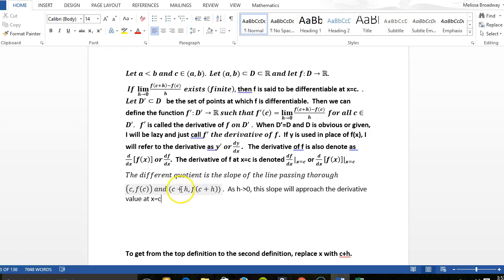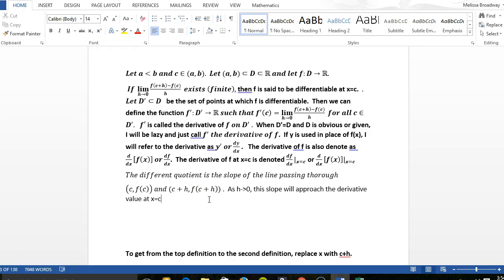But if h is closing in on 0, then this whole Cartesian coordinate here is closing in on c, f of c. This is fixed. This is the point we're interested in right here. And as this point zones in on this point, the slope, this fraction by itself, we're throwing it in this limit, and it's zoning in on the derivative.